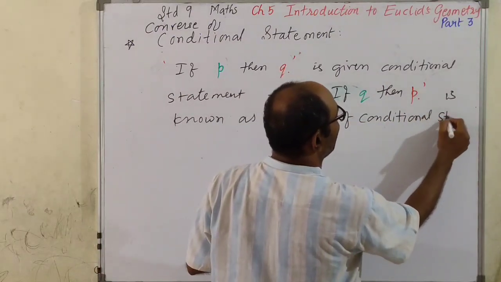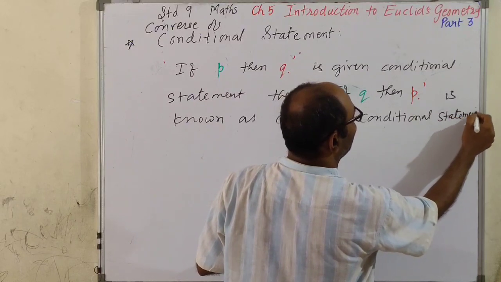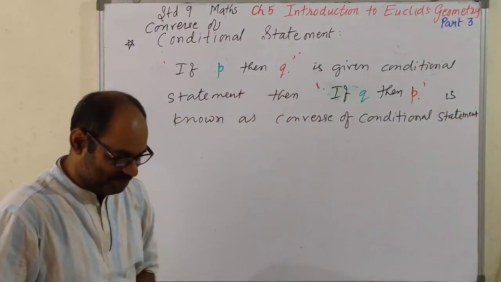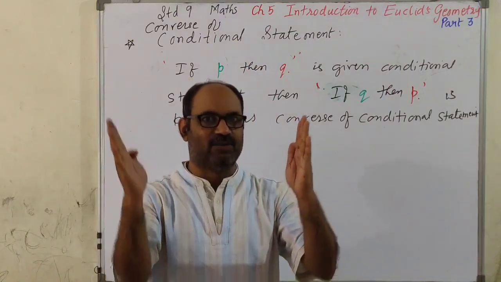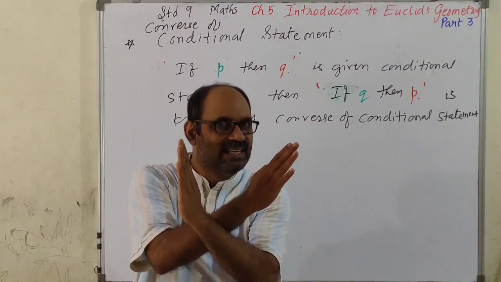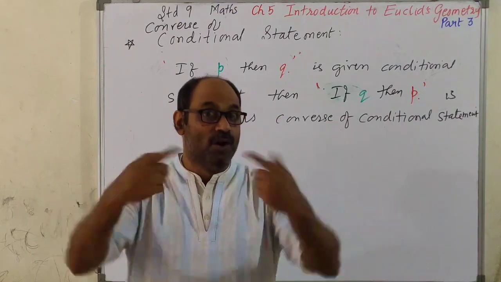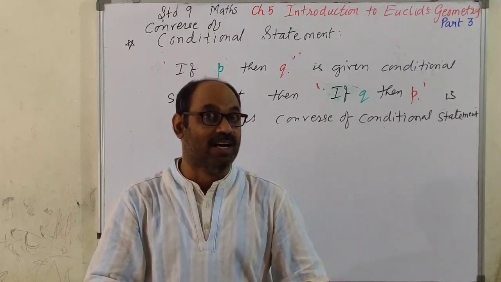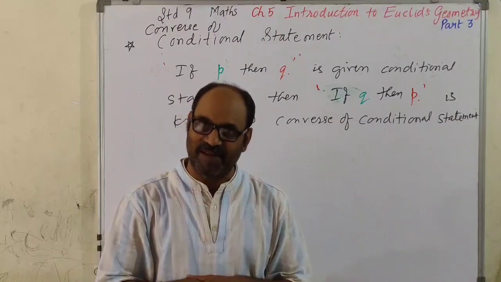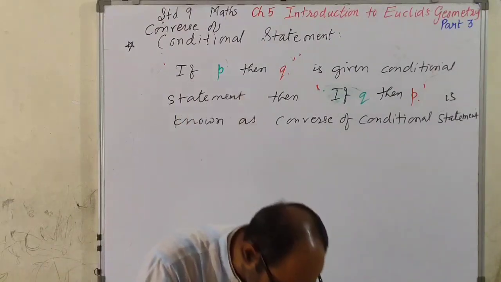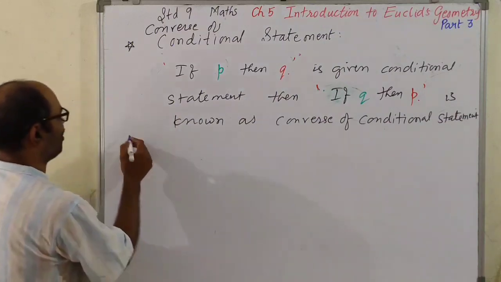Converse of conditional statement. Did you get me? So what is happening? Condition and consequence are interchanging, and when they are interchanging, the new conditional statement is called converse of original conditional statement. Got it? Let's see one question now here.